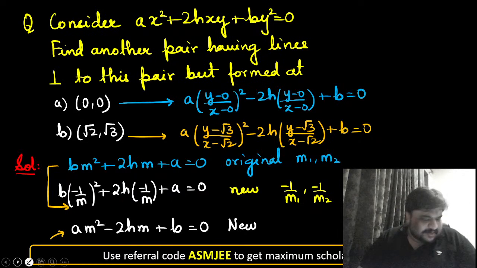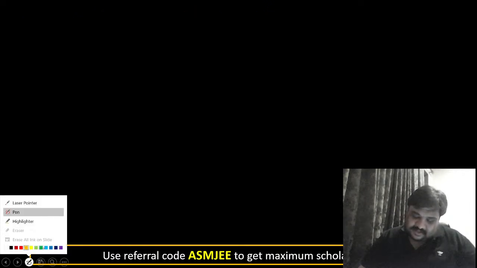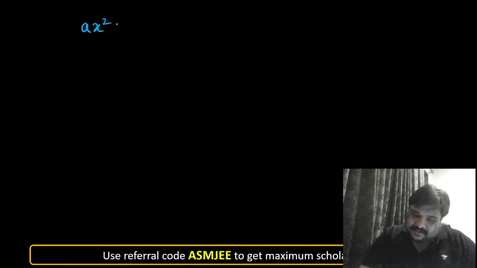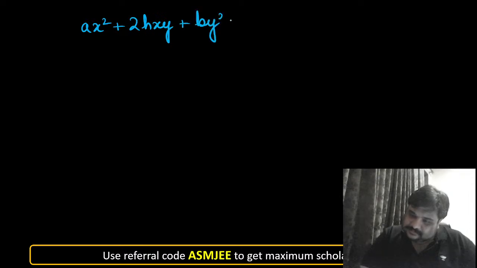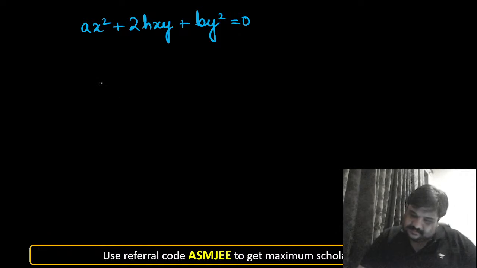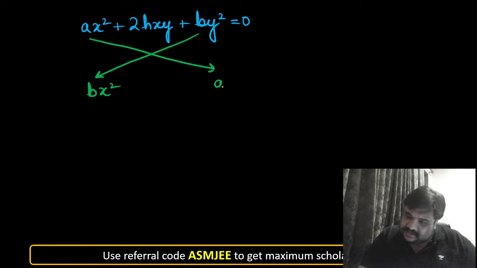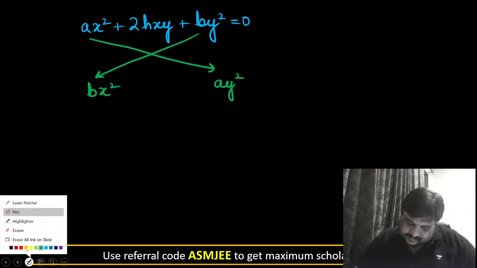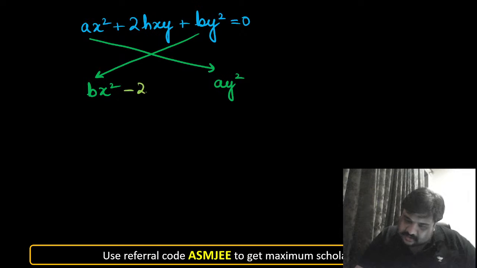There is one result that you can remember. This is the original pair. And look at this. The new pair, if you interchange these coefficients, so make it bx square, ay square, minus 2hxy is equal to 0.